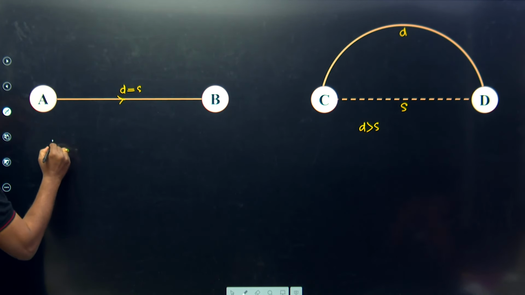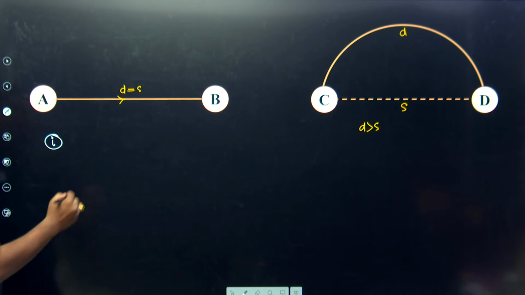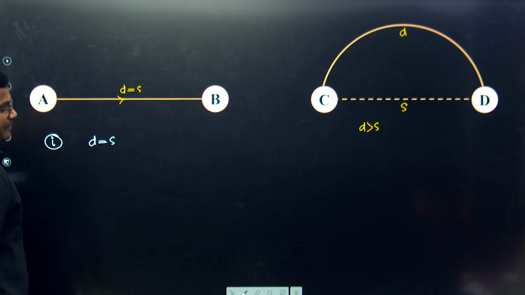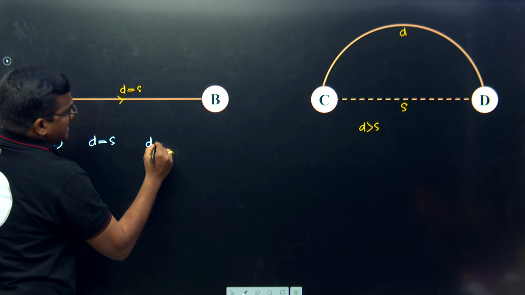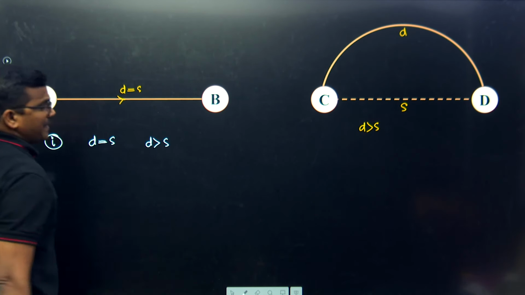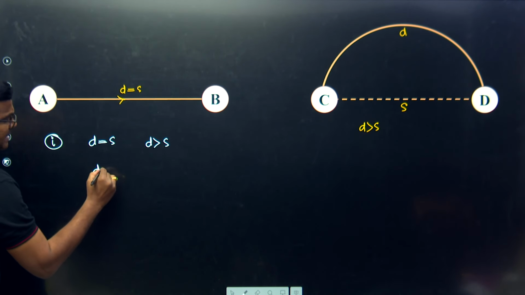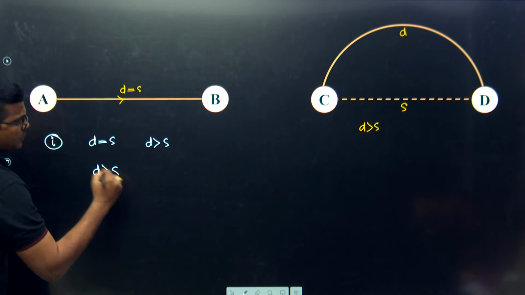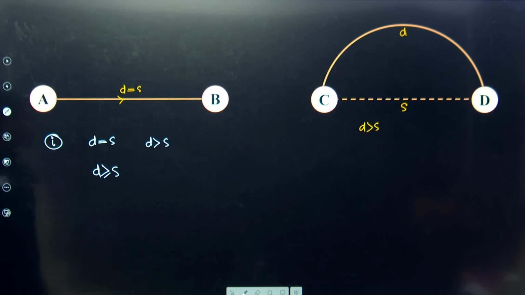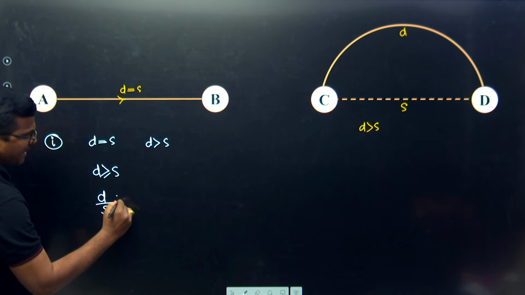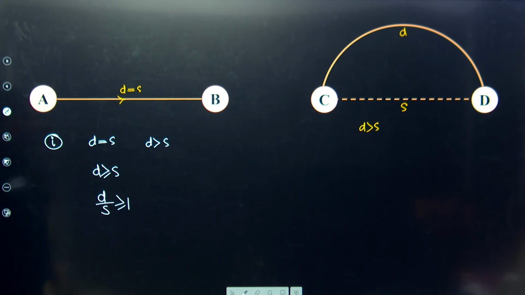See, in the first case, distance equals displacement and distance is greater than displacement, right? Combined together, how can we write? Distance is greater than or equal to displacement, or the ratio of distance to displacement is greater than or equal to 1.